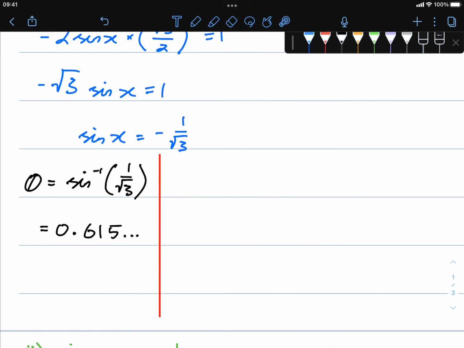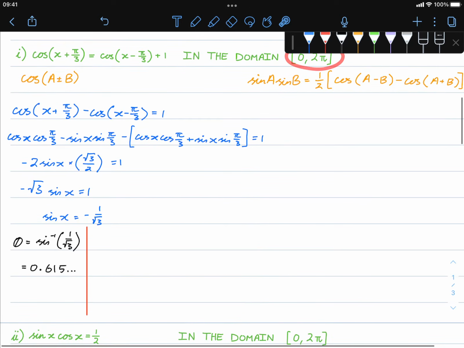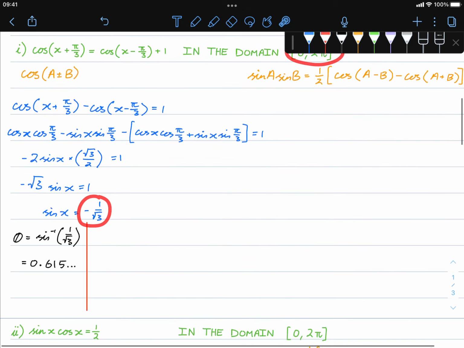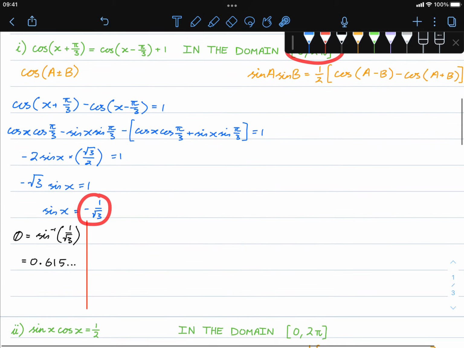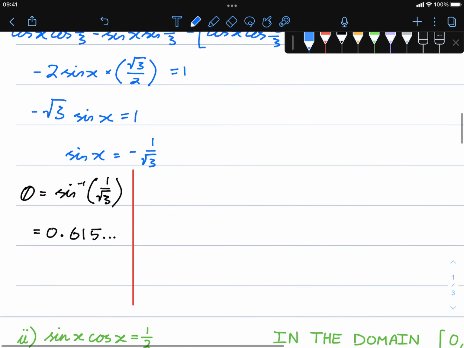But since our domain is from 0 till 2 pi, and we're looking for this to be negative, we need this to be in the 3rd and 4th quadrant. So we get x is equal to pi plus theta, and x is equal to 2 pi minus theta. Now just using our calculator for this.